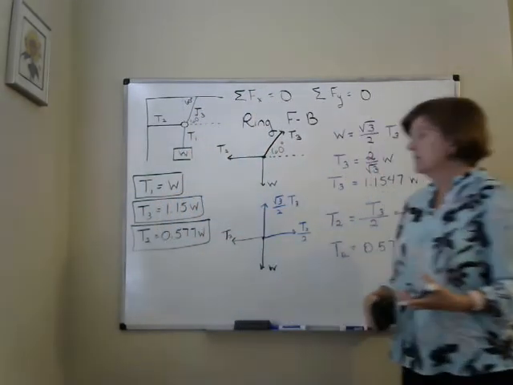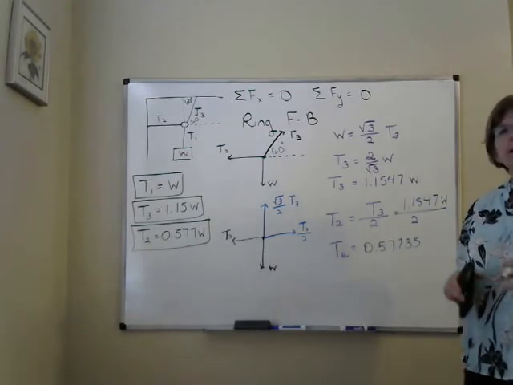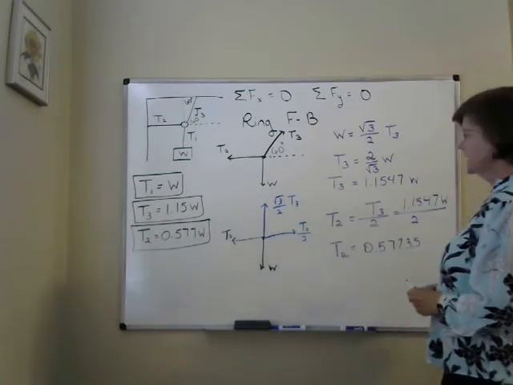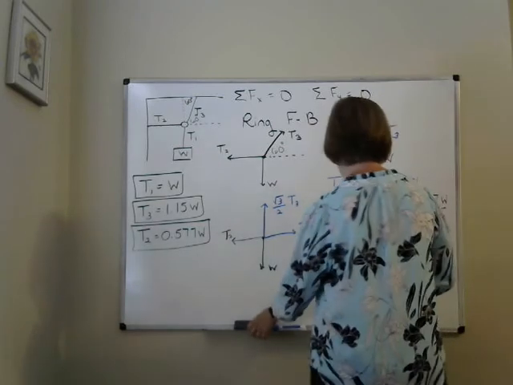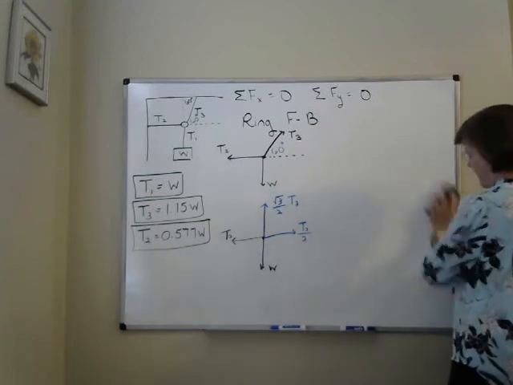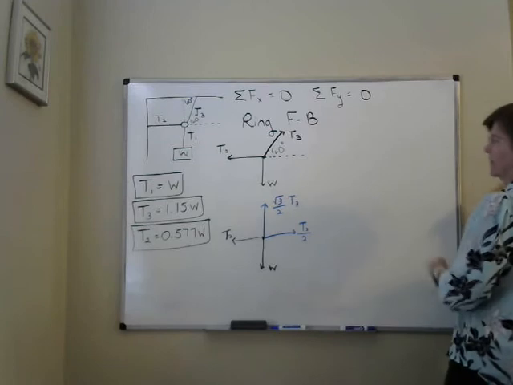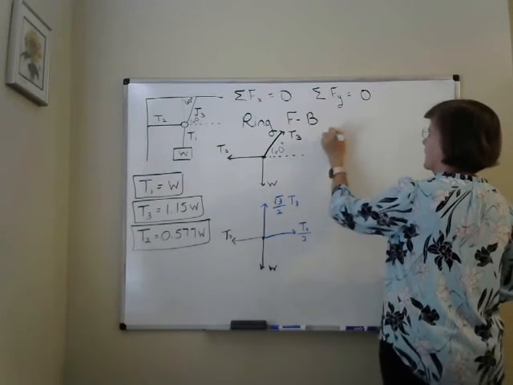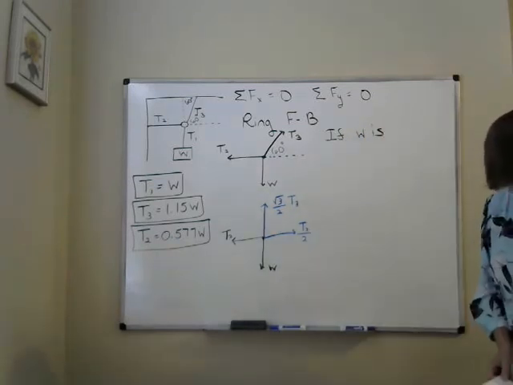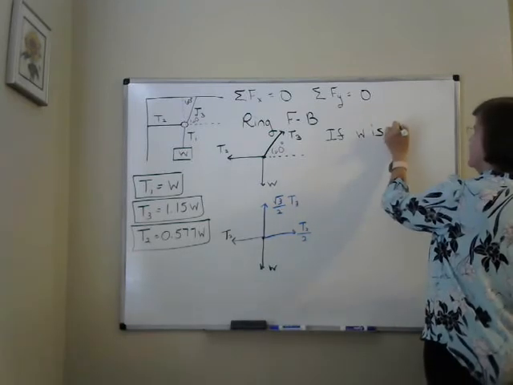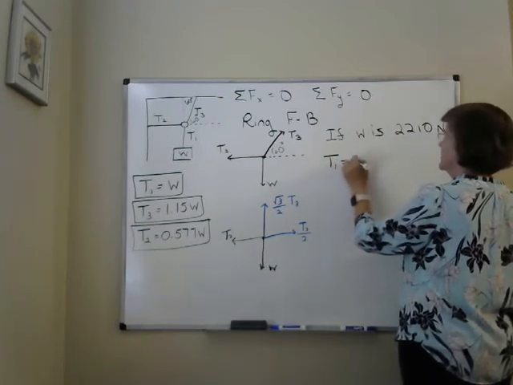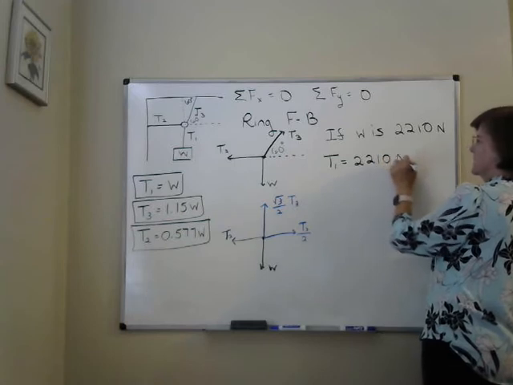We don't actually know the tension unless we know the weight. But if I do know the weight, it's really easy now because I've got all of those in terms of W. So for example, if W is, I think I have one in my notes, 2,210 newtons, then T1 is 2,210 newtons.